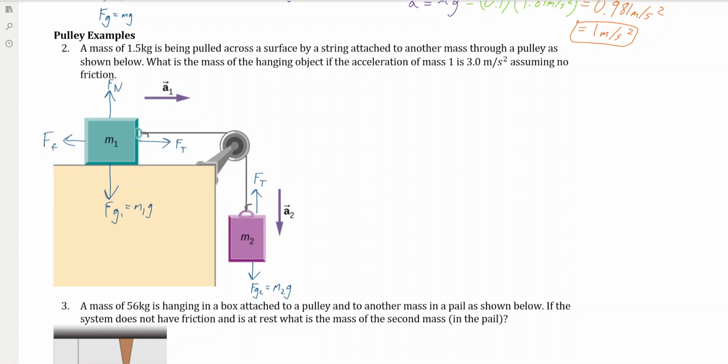Okay, so let's take a look at this situation and start with our mass 2 here. With mass 2, we know that Fnet equals ma, and we know the a value because if mass 1 is accelerated by that much, so is mass 2.